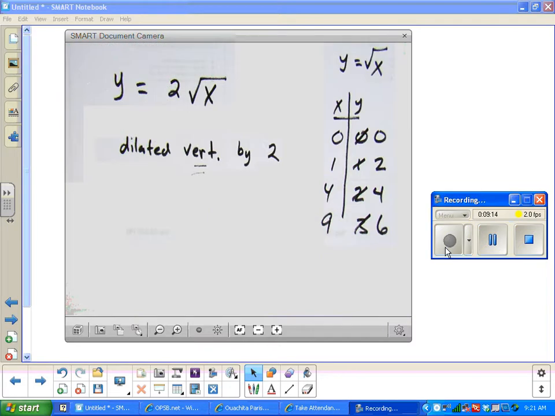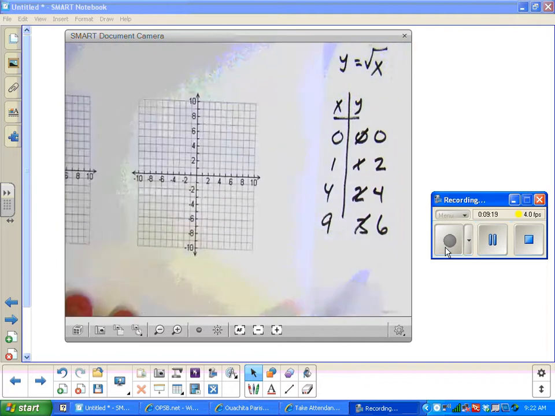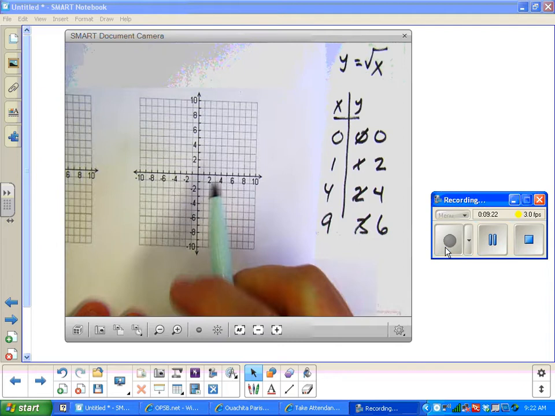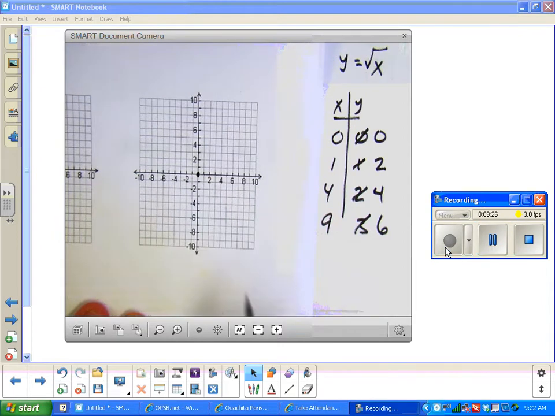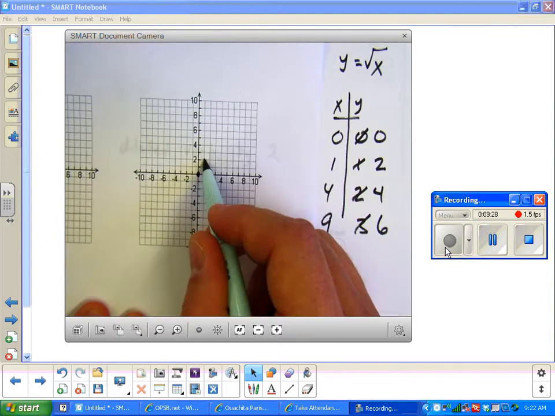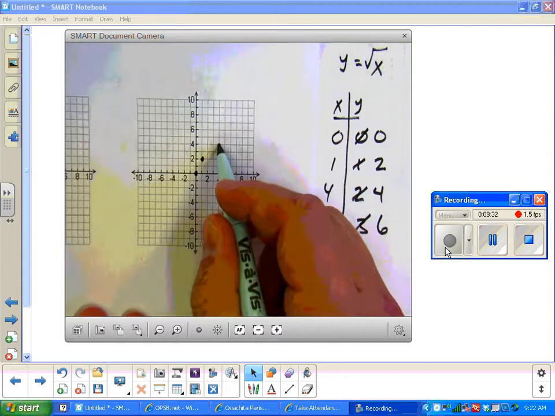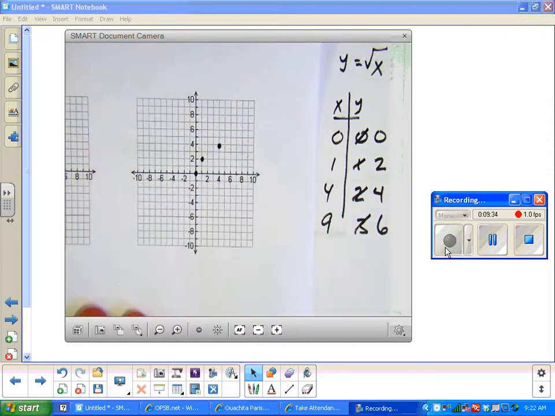Now let's look at this graph. All I have to do is take my ordered pairs and graph them. So you got 0, 0, 1, 2, 4, 4, and then 9, 6.